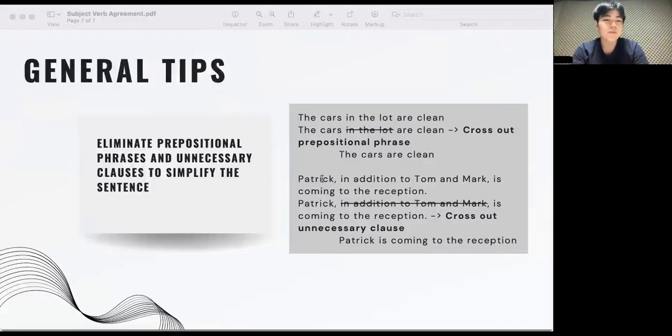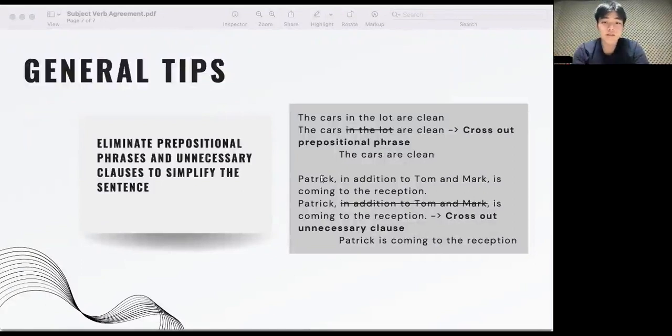And this simplified sentence puts the subject and the verb right up against each other while also taking out a grammatically unnecessary noun, lot, to help us better see whether or not the subject and verb in the sentence are properly matched. This was an example of getting rid of a prepositional phrase to simplify the sentence, but this can also be done by eliminating unnecessary clauses from the sentence too, as shown in the example below.